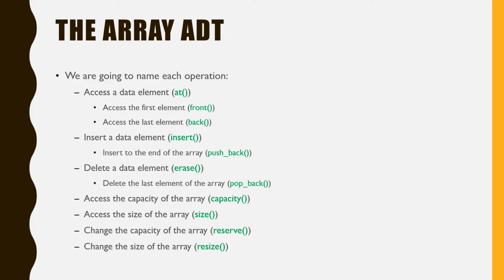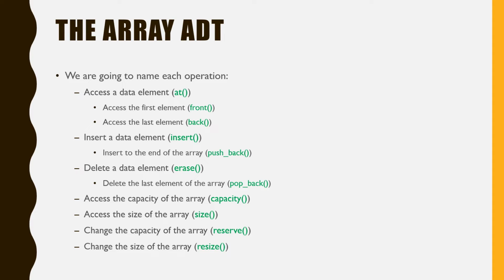We name the generic data access operation at, the operation that accesses the first element front, and the one that accesses the last element back. Then we call the generic data insertion operation insert, and the generic data deletion operation erase.